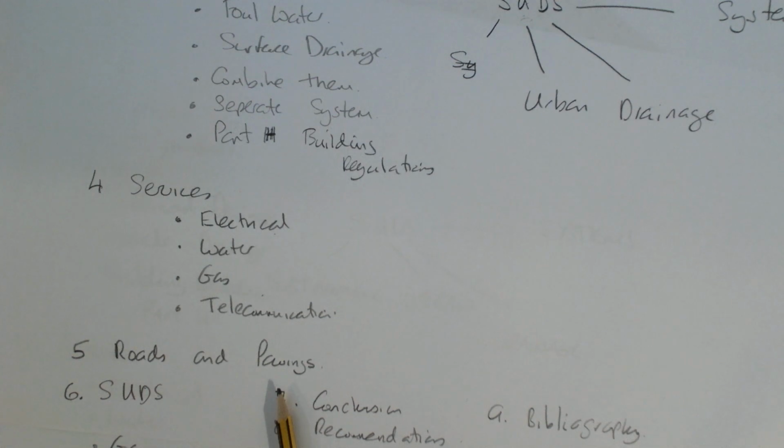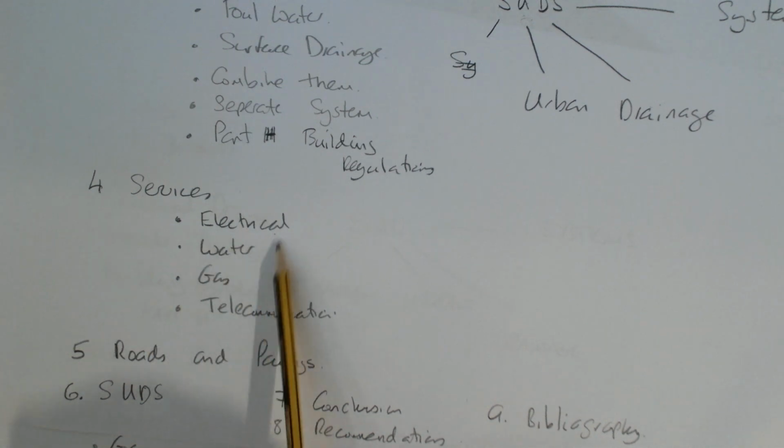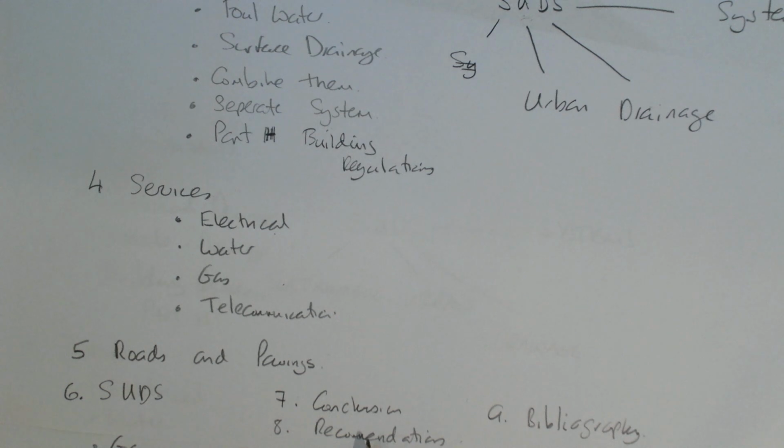So these are recommendations that you could make. You might explain there might be some problems with regards to where you put the services. So you have to be careful, and you have to come up with some realistic proposals. That's for a distinction.